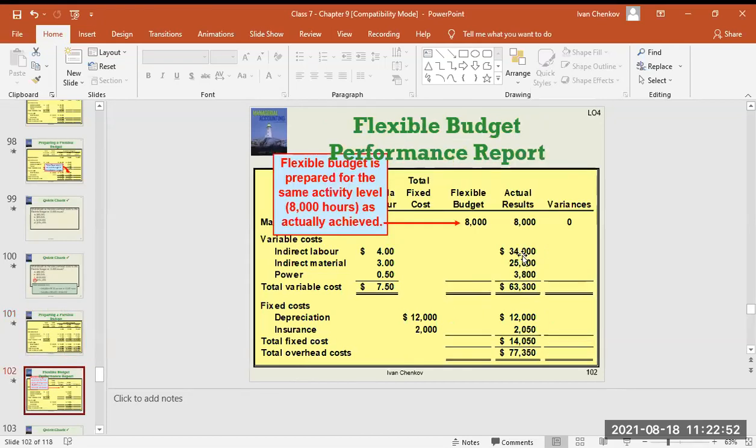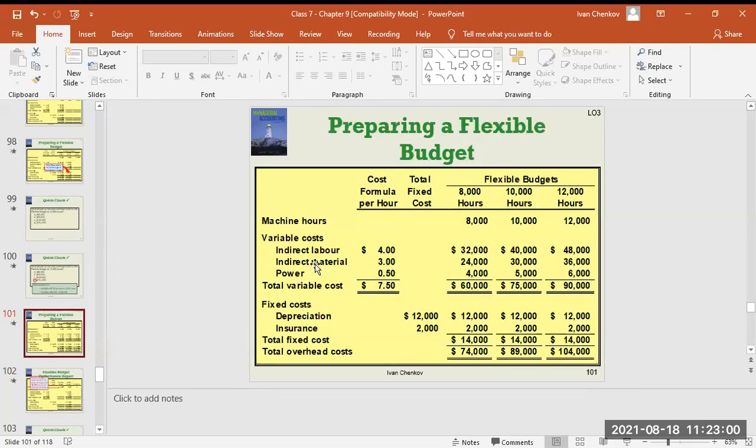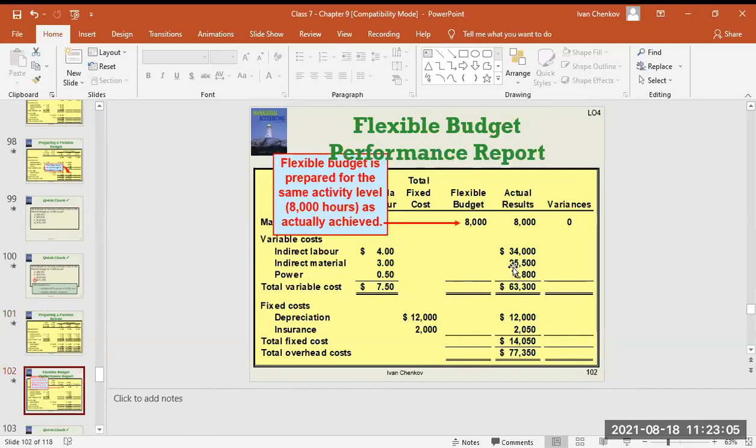In reality, we spent 34. So that means we're spending more for the indirect labor. For the indirect material, we budgeted to spend 24,000, but in reality, we spent 25,500. So again, for that one, we are overspending.